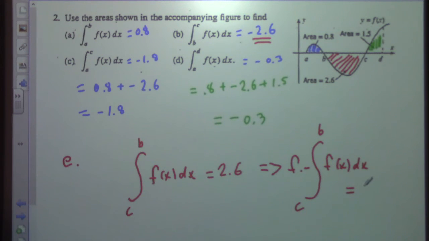It'll be negative 2.6, right? Because we started out with negative 2.6. We changed the order of the boundaries. That made it positive. But then we have this negative sign out here. So it's like a triple negative. That will bring us to negative 2.6. So just watch out for little things like that.